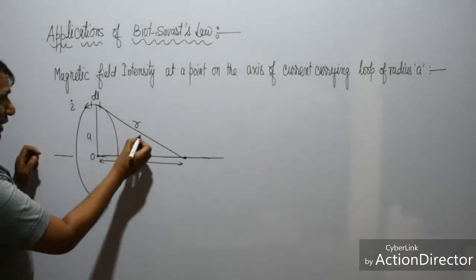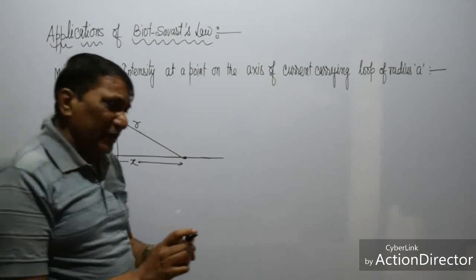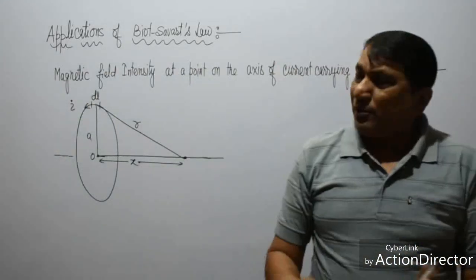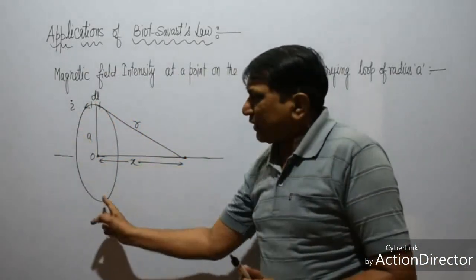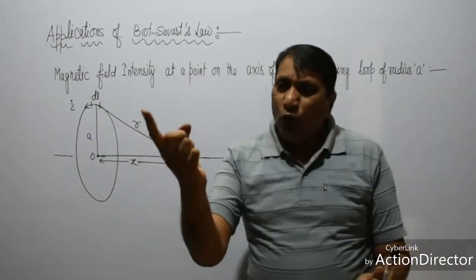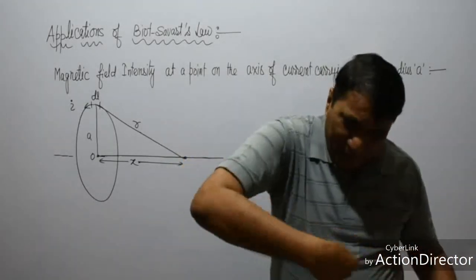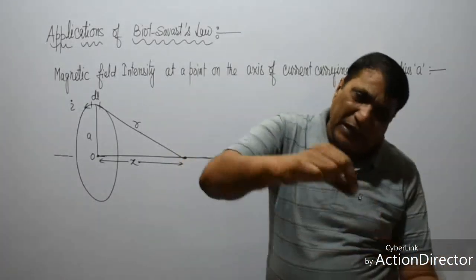Now this line makes an angle of 90 degree with the circumference of this loop, because the loop is of this way, इस तरह से, और this is the line.